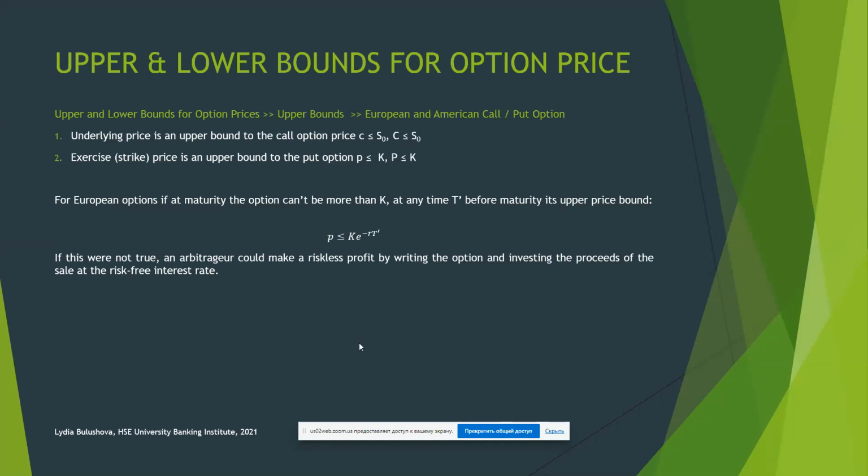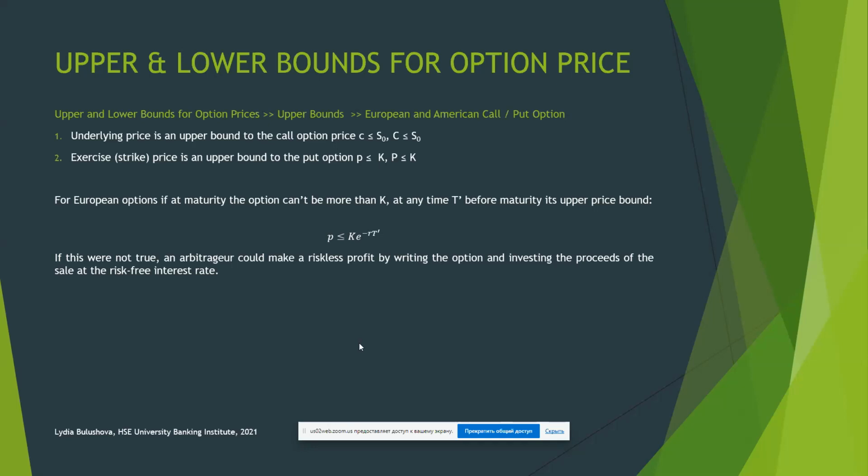If we have a put option, an upper band to the put option is the strike. The put option is the contract that gives me the right to sell at a predetermined price that equals the strike.